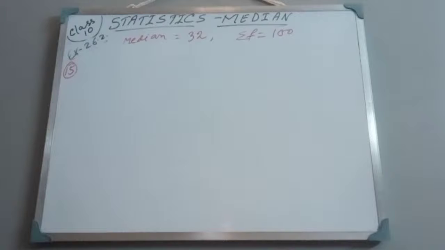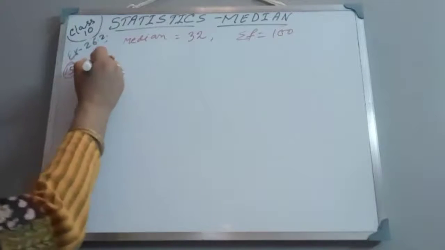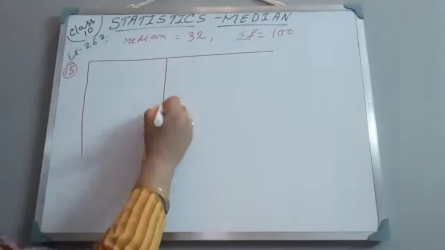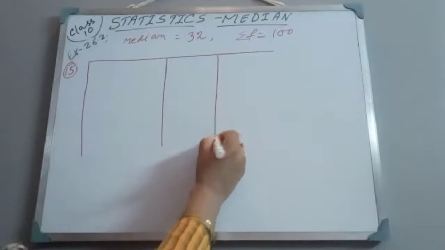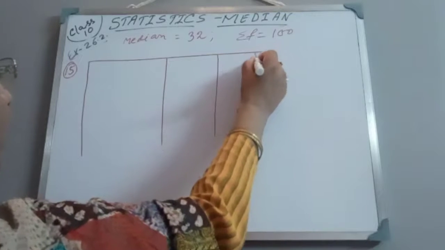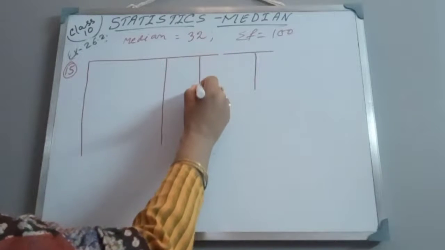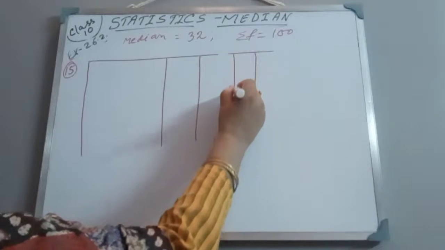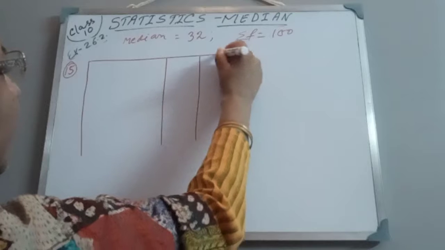Okay, and class interval given, frequency given. Let us write the class interval and frequency in column form. Now automatically we will write the cumulative frequency also. Let us keep it short because we need some space.